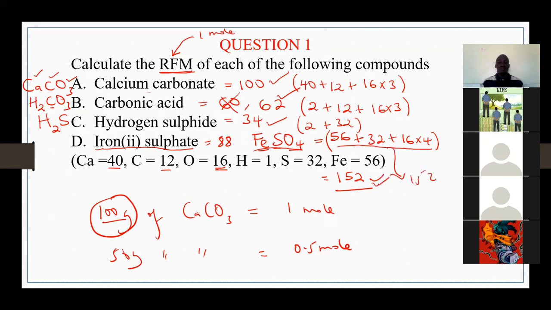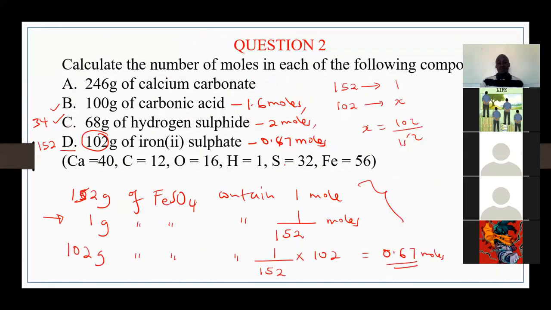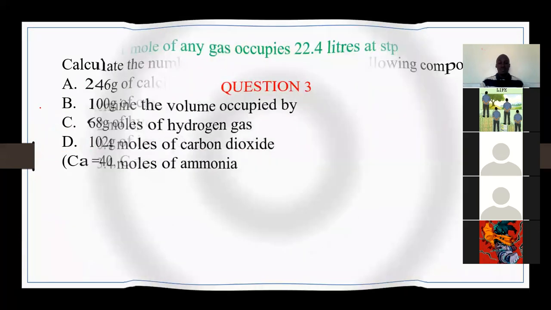It came from the RFM, which is the mass of 1 mole. So that was from question 1, if you were not with us. The same applies to 34 grams, which came from question 1.